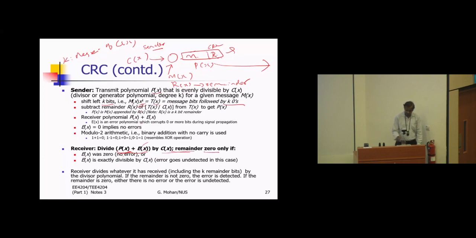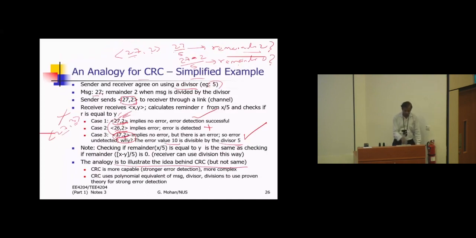The remainder will be 0 if there is no error, that is correct, and the remainder will also be 0 if the error is divisible by C. Here the error value is 10. If 10 is divisible by 5, you cannot detect the error. Instead of 27, if you get 32, it cannot detect the error because the error value is 5. Instead of 27, if you get 22, we cannot detect it, correct? Instead of 27, if you get 12, you cannot detect it because the error value is 15, which is divisible by the divisor 5.